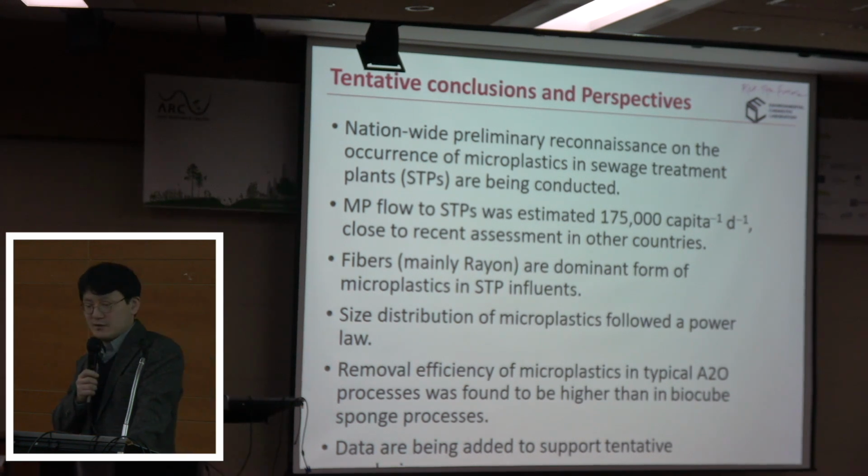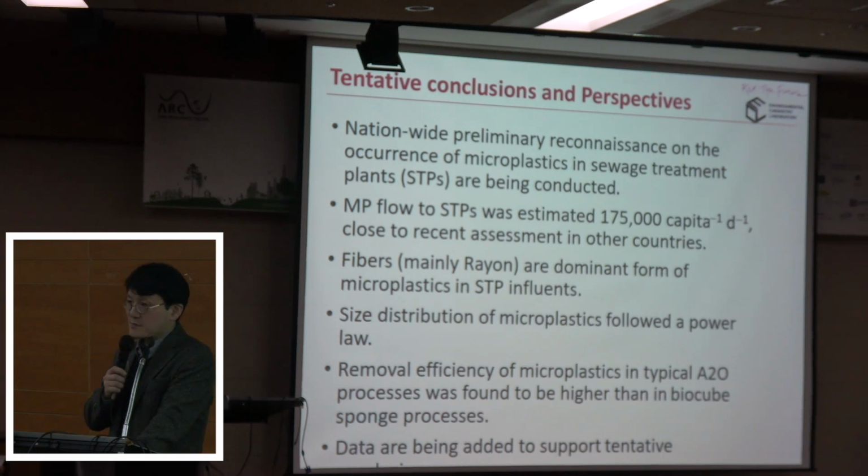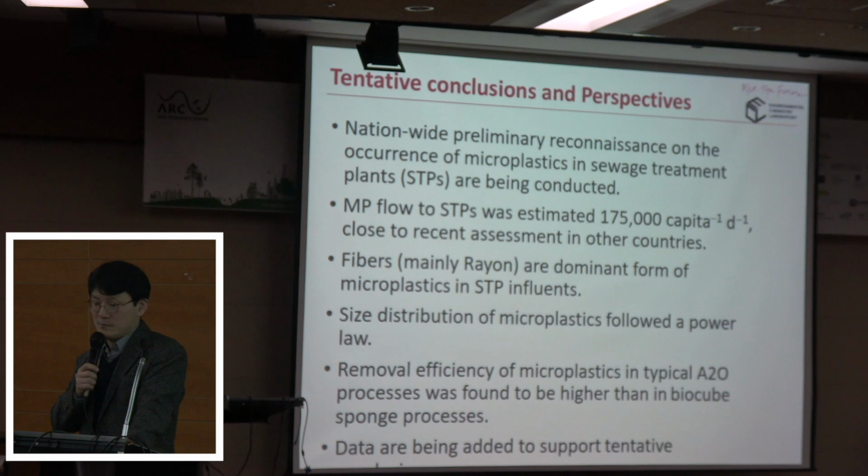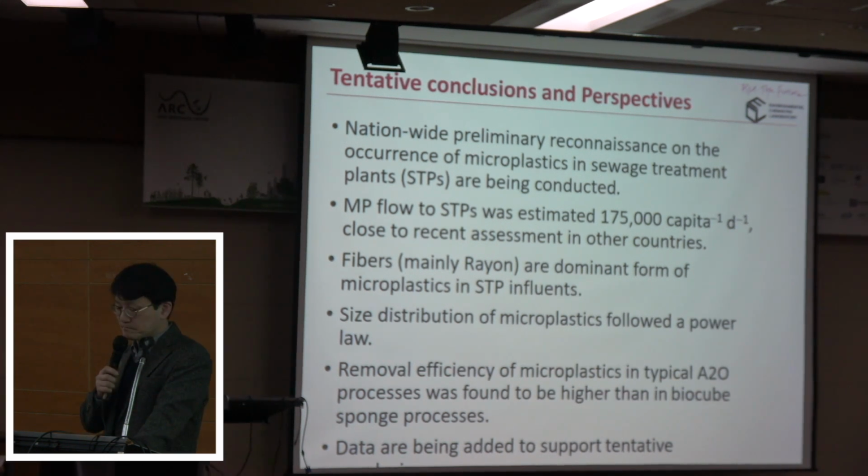And rayon, the synthetic fibers, are the dominant form in STP, which is actually different from marine microplastics. And the size distribution of microplastics that we isolated from wastewater treatment plants followed a power law, which means potentially those plastics are not really primary, but they are actually produced by fragmentation.